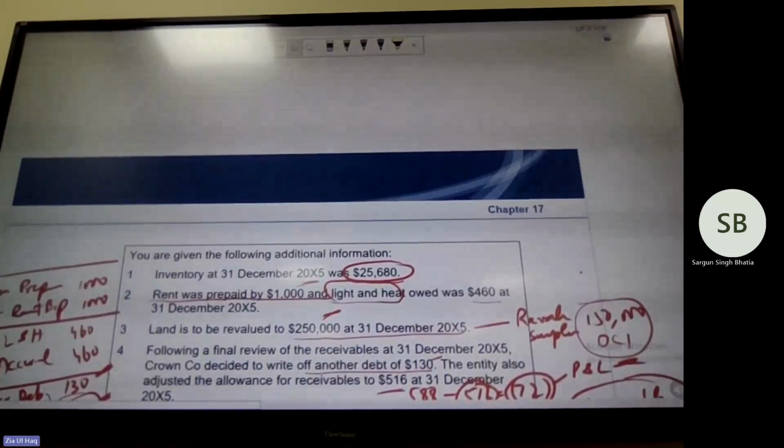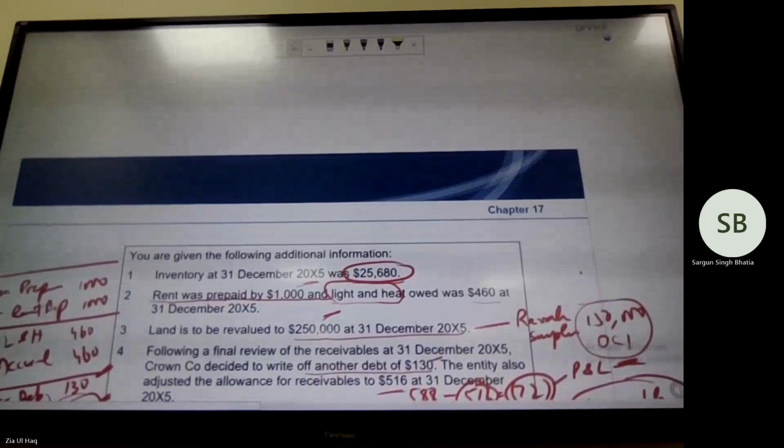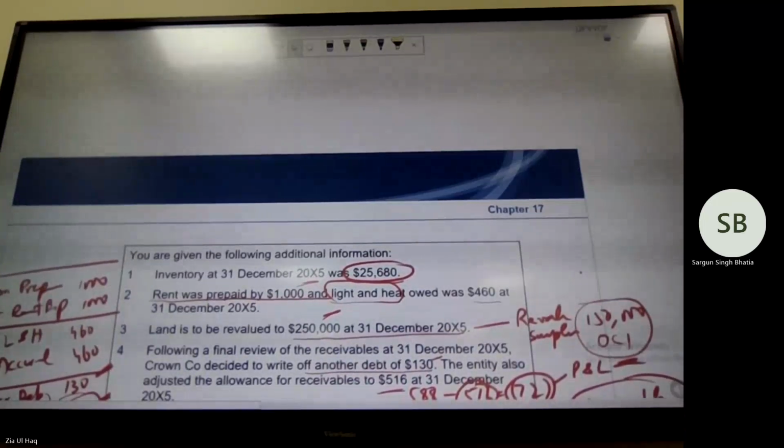What are the admin expenses? Wages. What's the amount? 46160. Rent. What's the amount? 13,000.